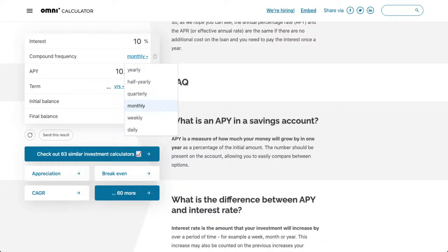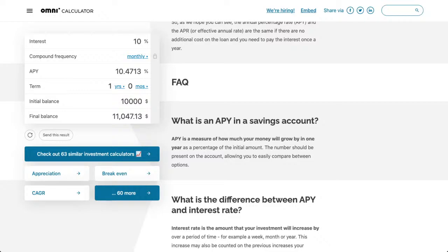The term is just going to be 1 year to keep it nice and simple. And the initial balance is going to be, let's say we put in $10,000. So 10% over 1 year would give us 10.4713 APY.